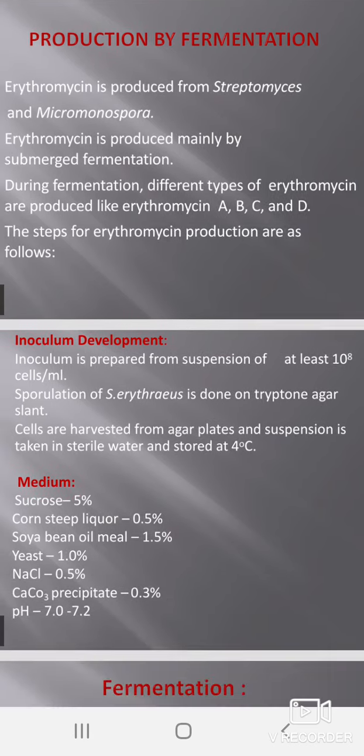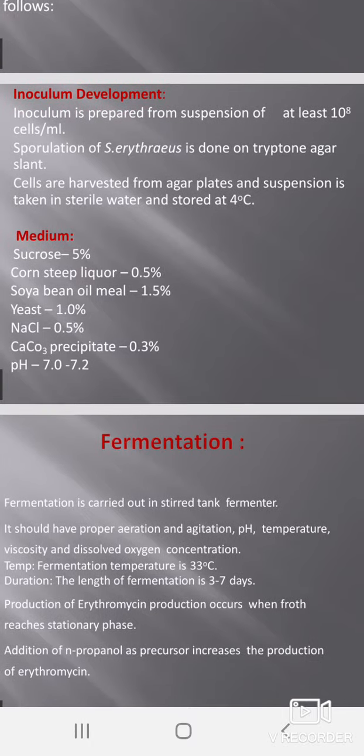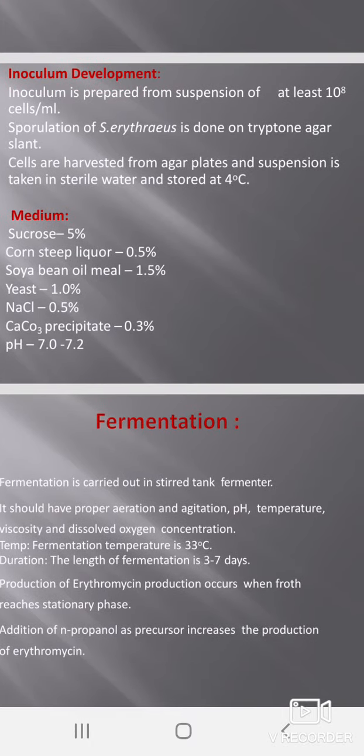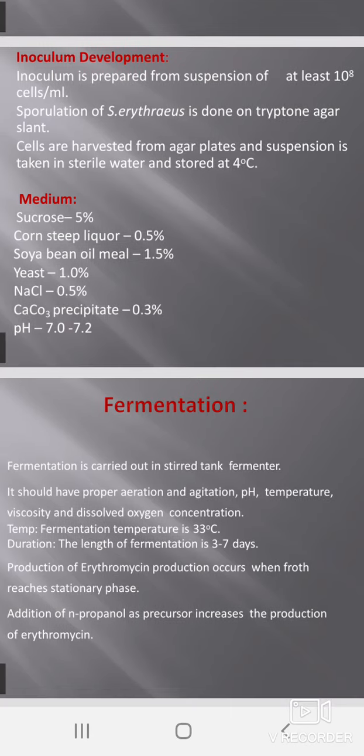Next, the medium: sucrose 5%, corn steep liquor 0.5%, soybean oil meal 1.5%, yeast 1%, NaCl 0.5%, CaCO3 precipitate 0.3%, and pH 7 to 7.2. Fermentation is carried out in a stirred tank fermenter.